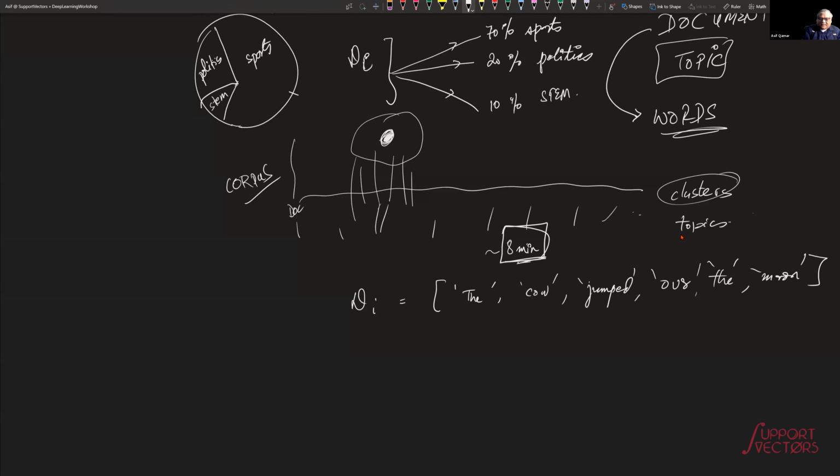So this is D1, and D2 would be like that. So then what is a corpus? A corpus C would be an array of arrays: the first being the cow jumped over the moon, and the second sentence could be, I don't know, the Cheshire cat.